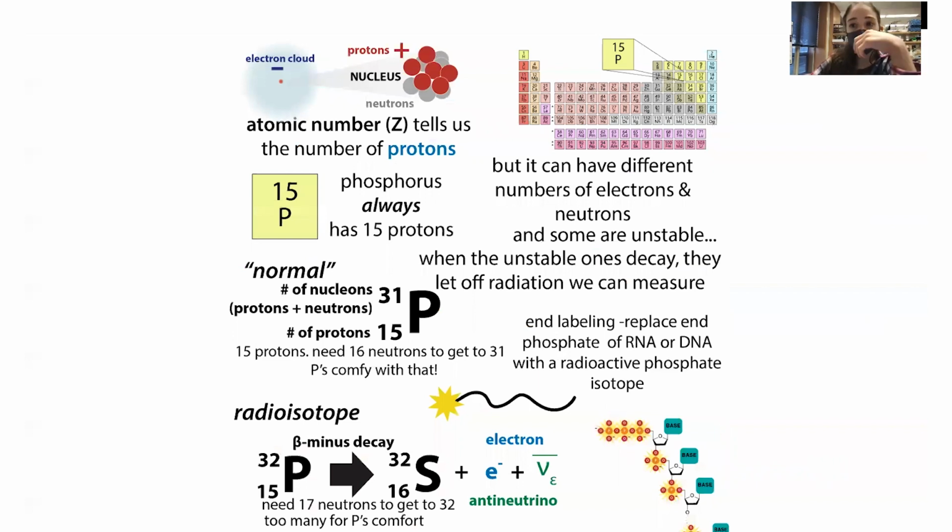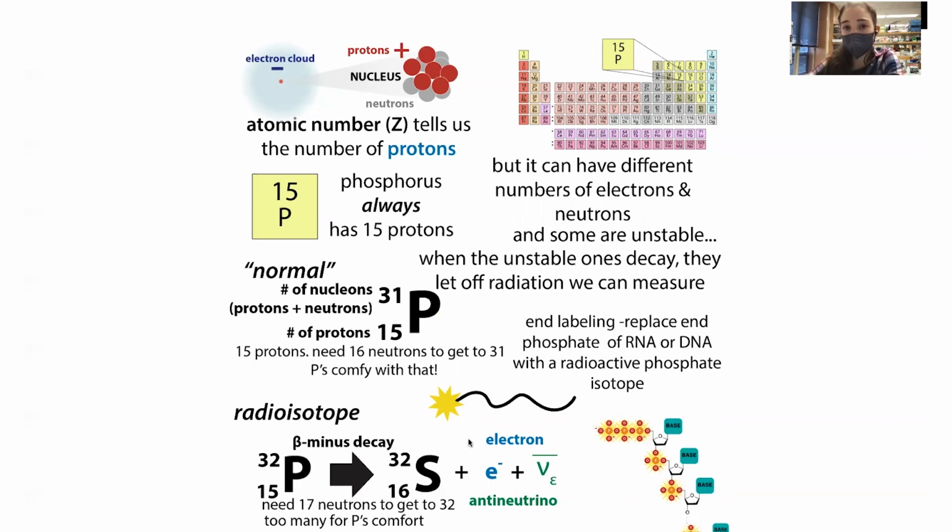When we're working with nucleic acids, often we want a way to track them. So what we often do is we radiolabel them at the 5' end typically. It's a lot easier to label at the 5' end. The 5' end normally has a phosphorus group. We can replace that phosphorus with a radioactive phosphorus, typically P32.